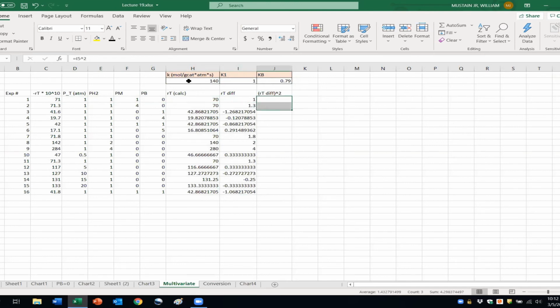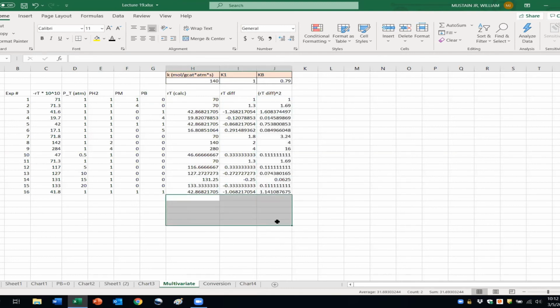When you're trying to minimize error, the square of the difference is a much better indicator of what the error is. The thing you're trying to do to get the real parameters is to minimize the sum of squares. So I have a cell at the bottom, which is just the sum of all of these differences squared.